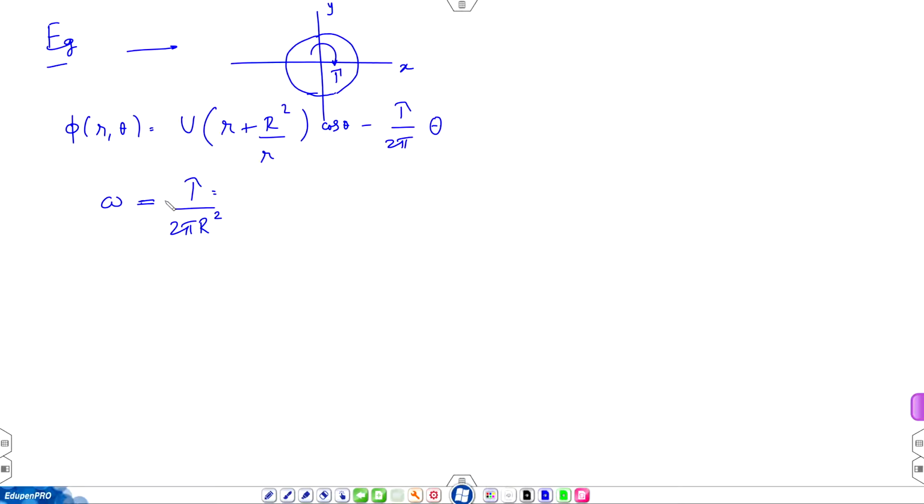So, if you are given the angular velocity, you can find gamma.